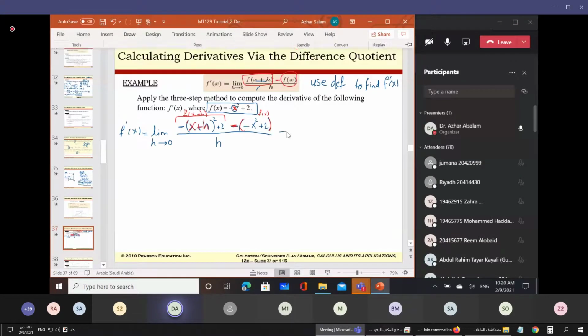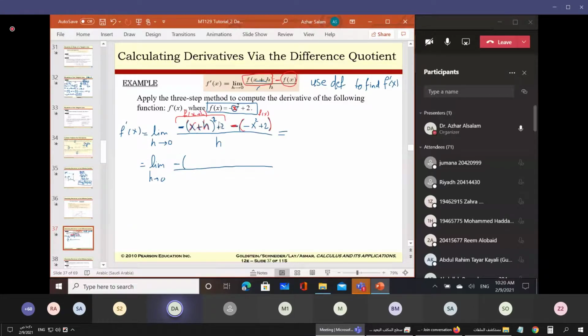Now it equals, I'll complete here, keep the limit in each step, limit h to 0. Notice here that the square is not on the sign, it's only inside this. Only x plus h is squared, not the sign, so I will keep the sign.